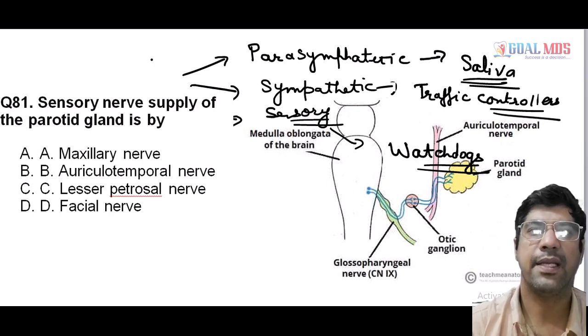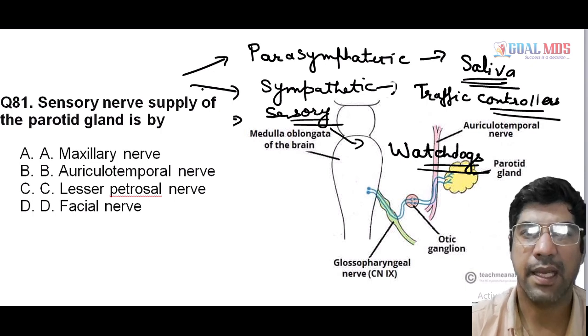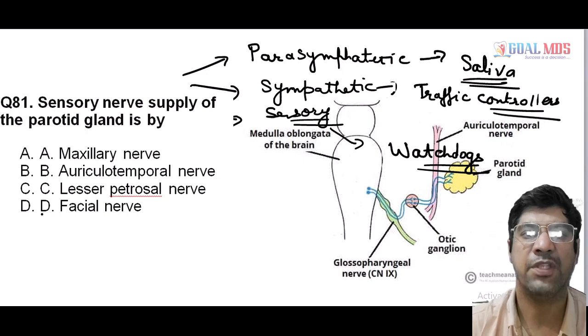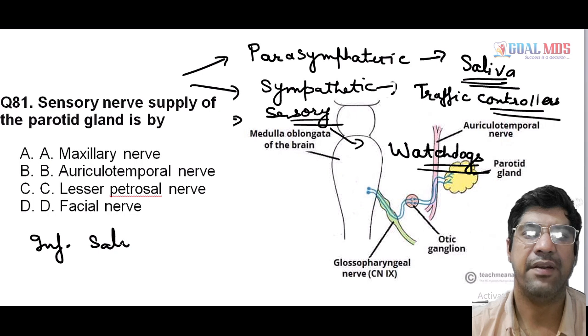So the parasympathetic nerves are just like secret agents. They start their journey from a special place, that is the inferior salivatory nucleus.